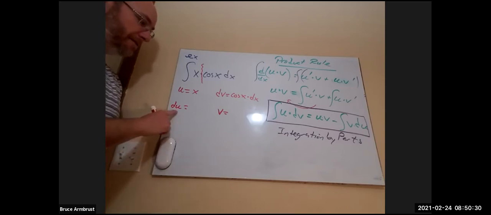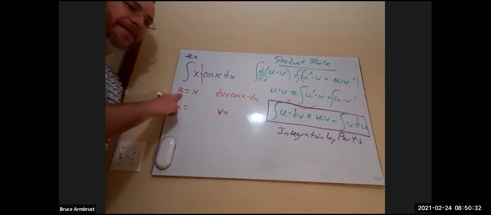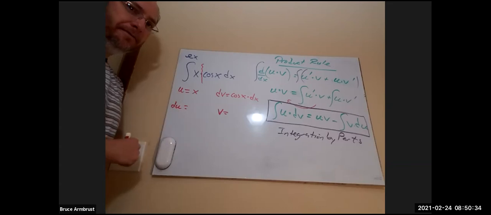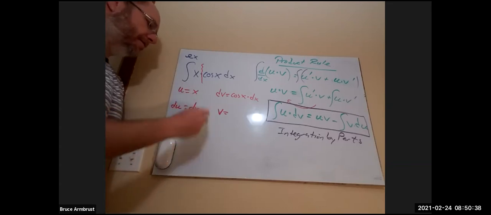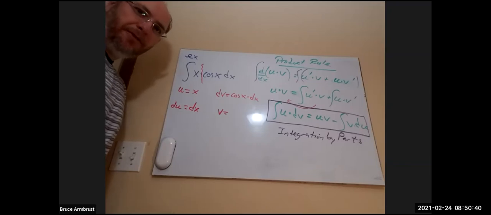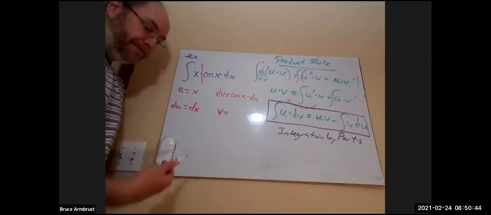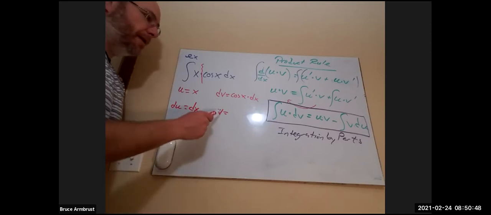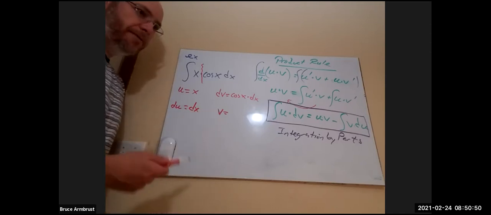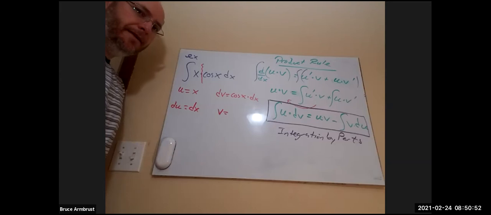To get my du, I just have to differentiate u. So in this case, du is going to equal dx. I mean, we do that all the time when we do a u substitution anyway, right? All right, so then what about the v? What am I going to do to get v?